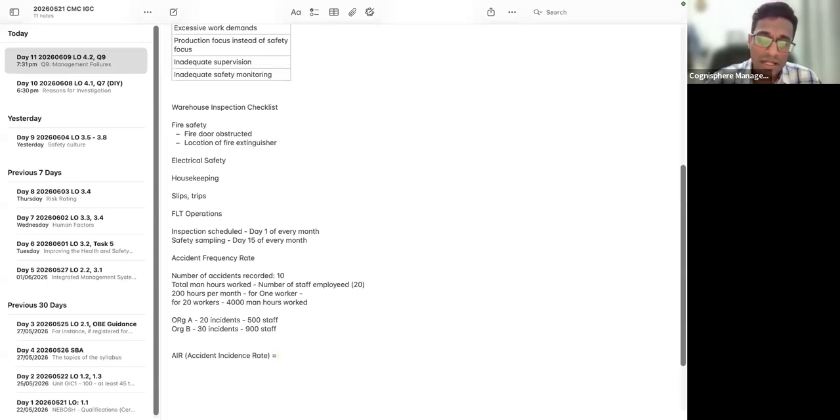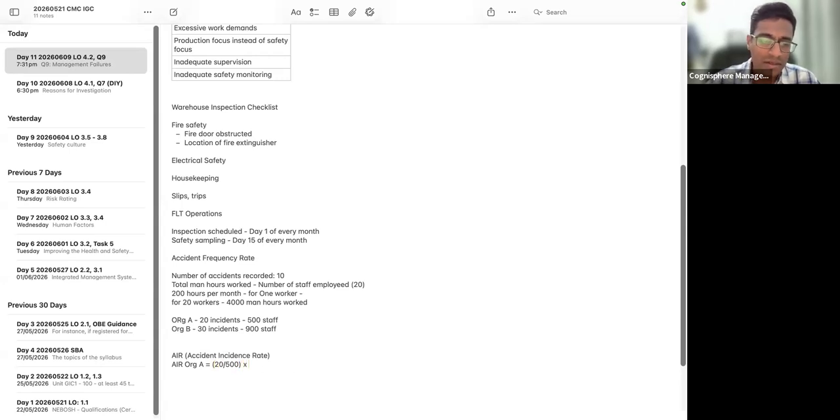If you are calculating the AIR for organization A, the number of accidents is 20, and then you divide by the number of staff employed, which is 500, and then you multiply using a multiplier.